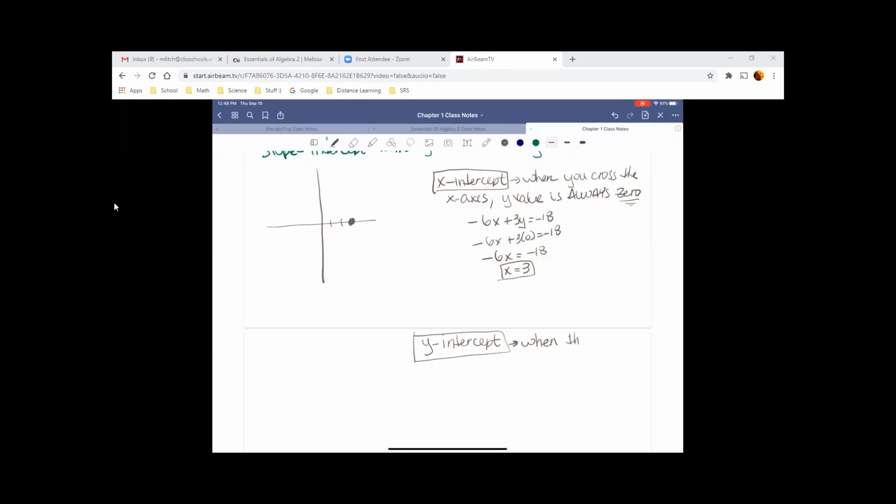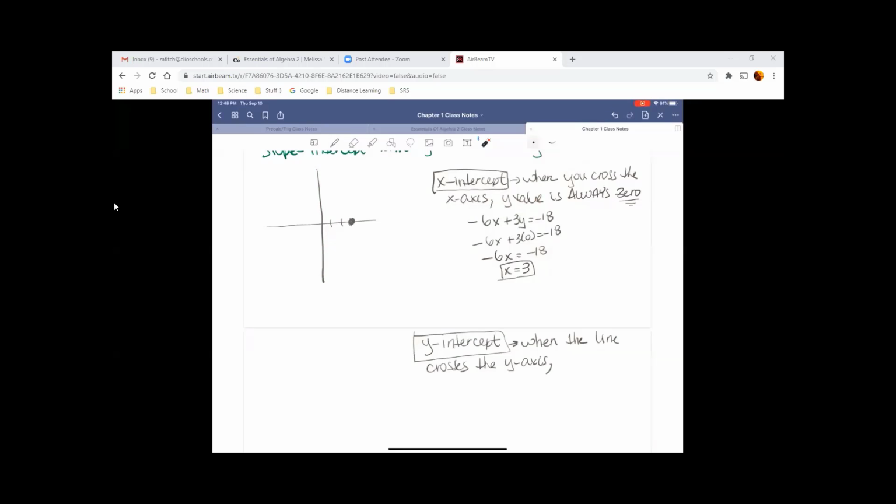X is 0. Yeah, so when the graph, or the line, I guess I could use line, crosses the y-axis. Right? So where's my y-axis? This one.